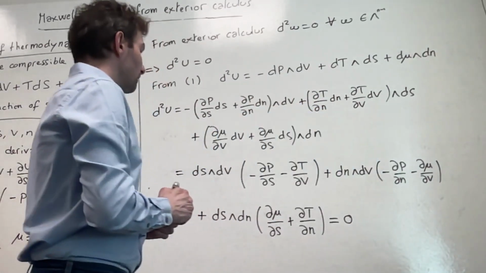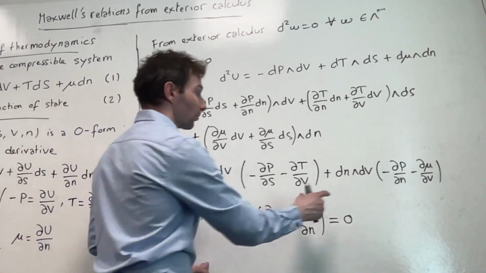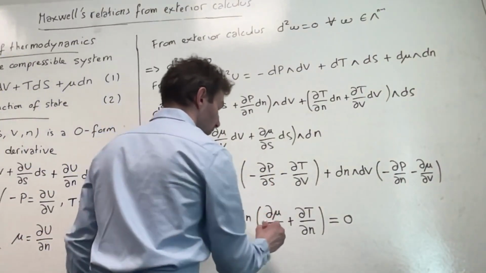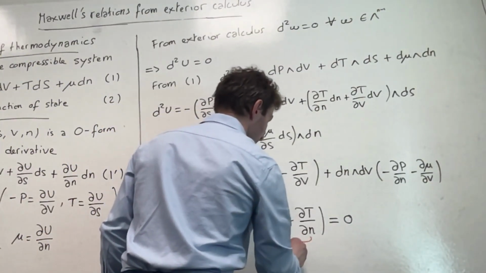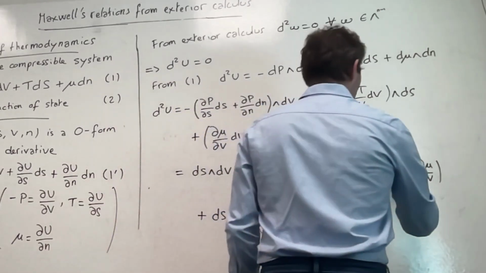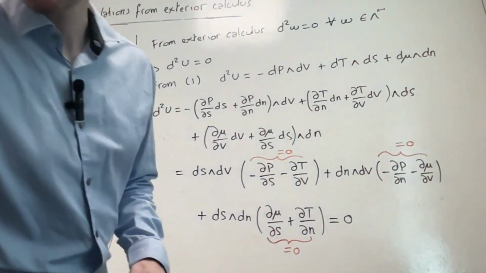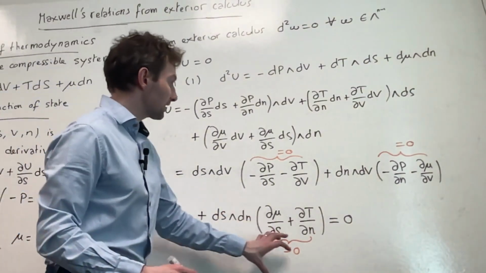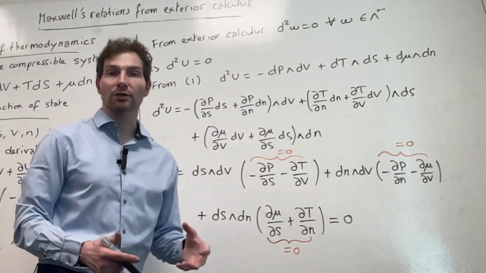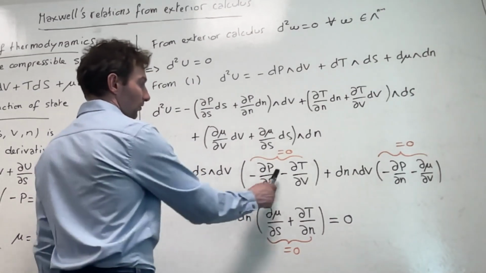The only possibility for this to be equal to 0, given that these are basis vectors that are all independent from each other, is that they are individually equal to 0. This is equal to 0, this is equal to 0, and this is equal to 0. Setting these triplets of equations to 0 is what we call Maxwell's relations, because they relate the derivatives of some of the quantities.